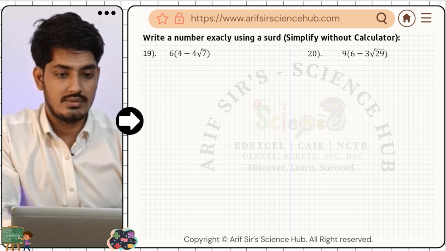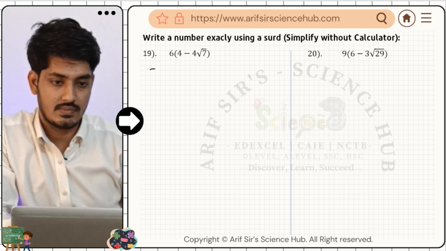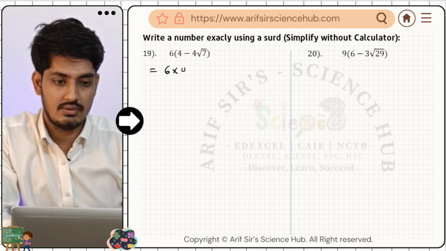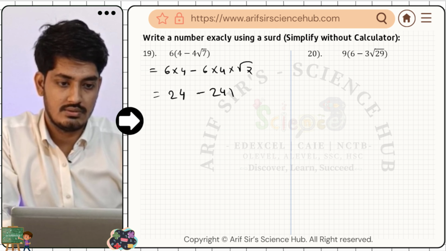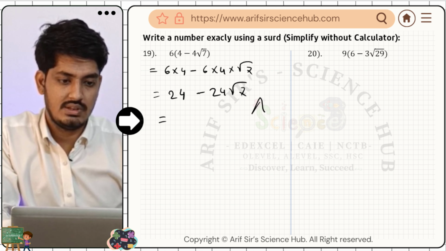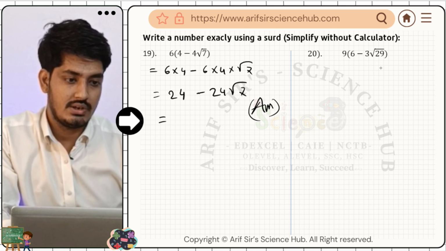Now we can solve these equations. So how will we solve this? Easily, we can multiply 6 into 4 minus 6 into 4 into square root 7. So it should be 24 minus 24 square root 7. So that's the simplified version of this equation.